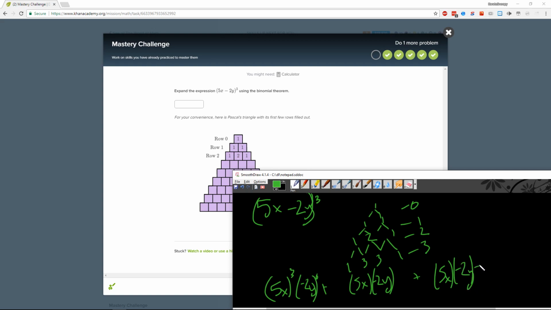I'll fill out the exponents and the coefficients at the end. Minus 2y. And this is 2, this is 1, this is 0. This is 1, 2, 3. And the coefficients are 1, 3, 3, 1.